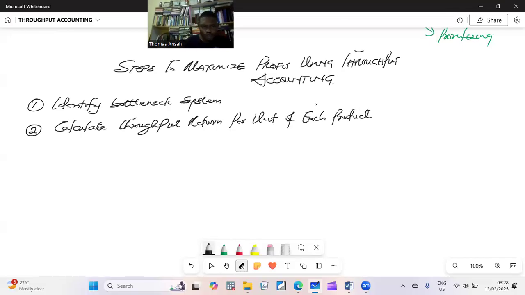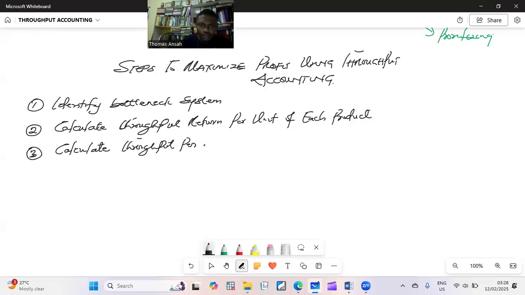Now, when you are done, you have to calculate throughput return per bottleneck activity. So you calculate throughput return per the bottleneck.